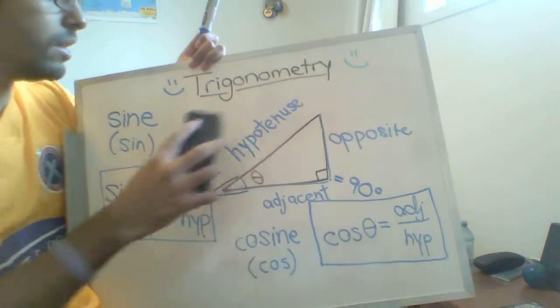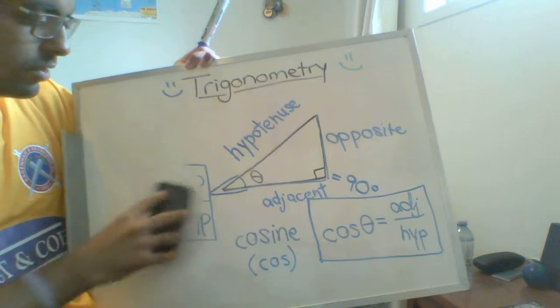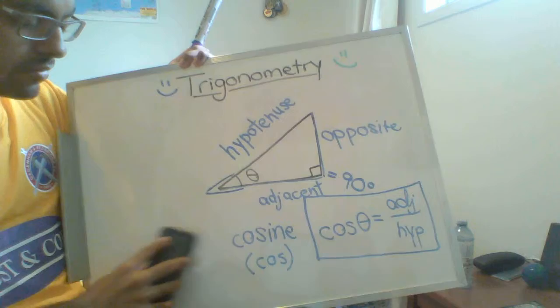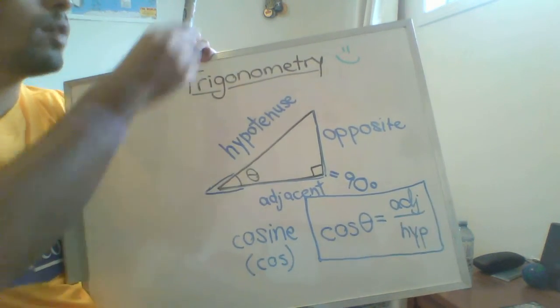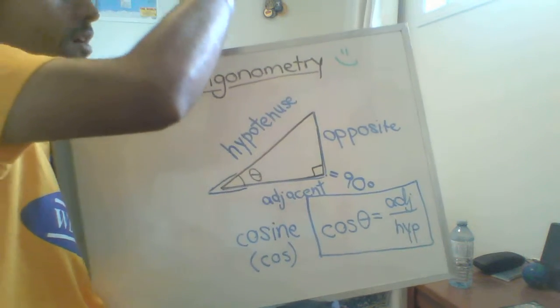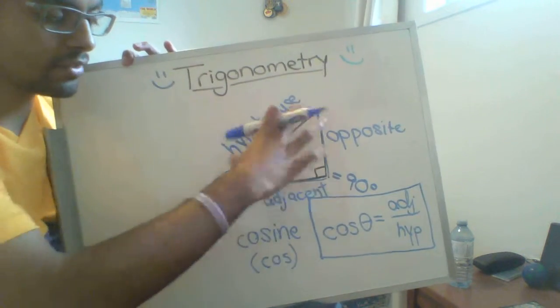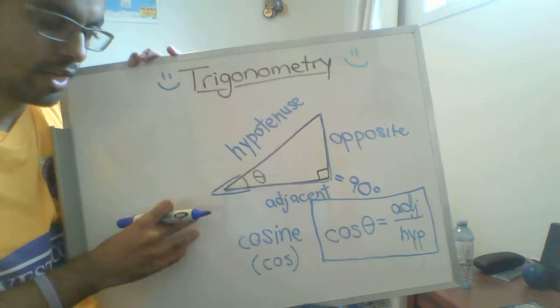I'm going to erase the sine one now, so that I have some room to write in our third one. Okay, so we've so far got our sine function, which is opposite over hypotenuse, and we've got our cosine function, which is adjacent over hypotenuse. So you measure the length of these three sides, and you can calculate sine of theta and cosine of theta.